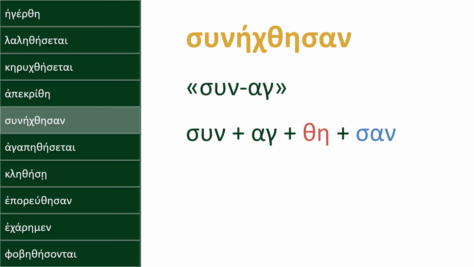Now notice that the root ag ends in a velar, in this case gamma. Remember that when a tense formative beginning with theta is added to a stem that ends in a velar, the velar will change to chi. This is how we get sinechthesan.